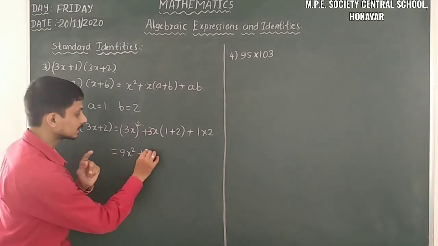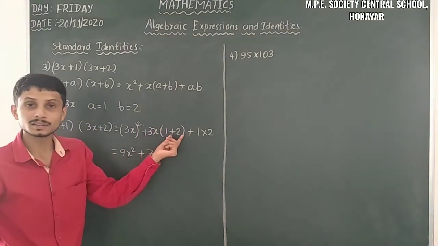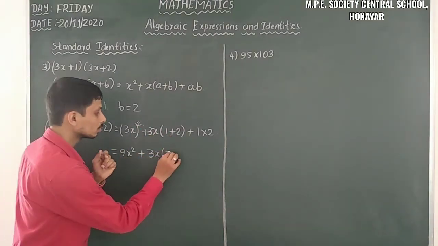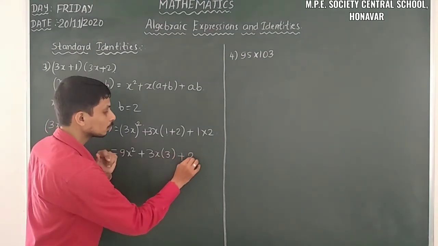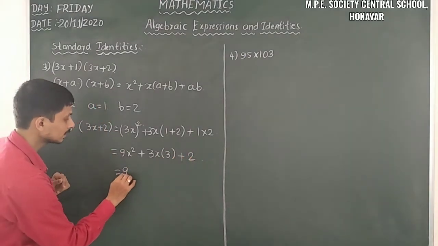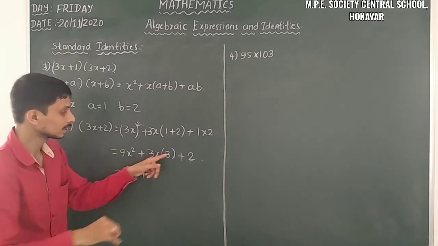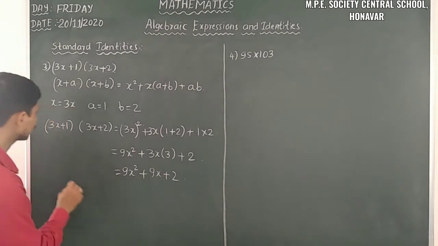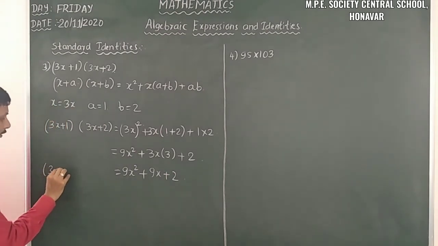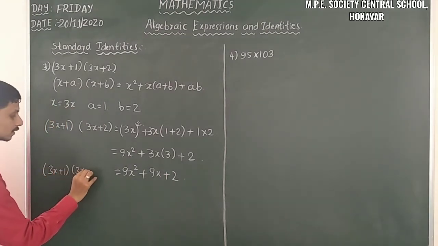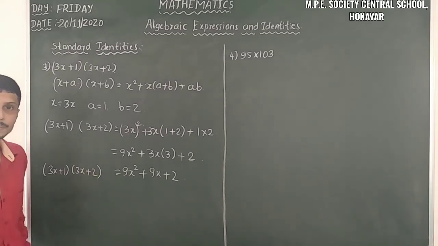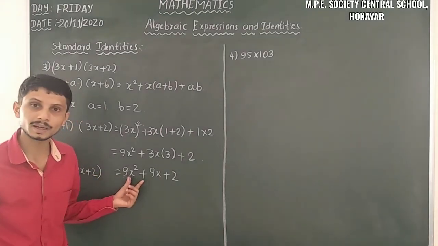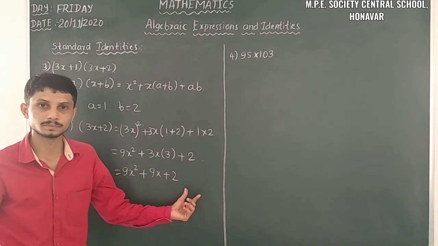Here 3x into bracket, so we have 2 plus 1 is equal to 3, plus 1 into 2 is equal to 9x square plus 3 into 3, 9x plus 2. This is the answer for 3x plus 1 into 3x plus 2. The answer is 9x square plus 9x plus 2.